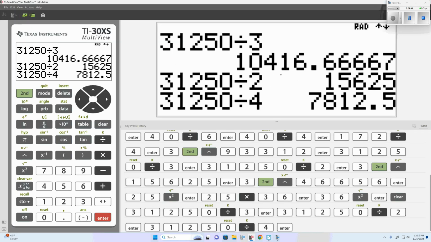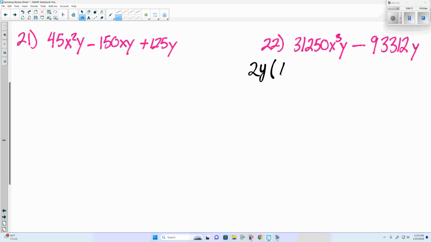well, 15,625 x cubed minus, we can do the same thing with 93,312, which should be 46,656.